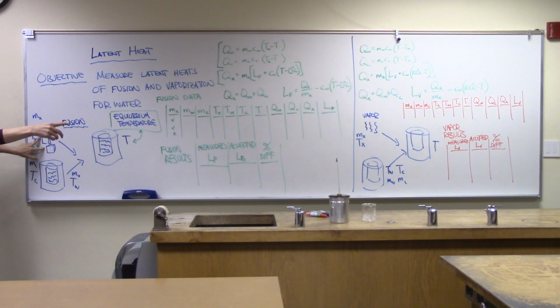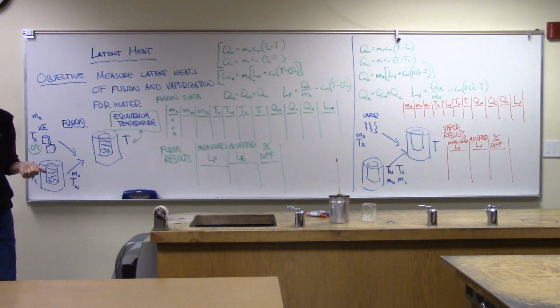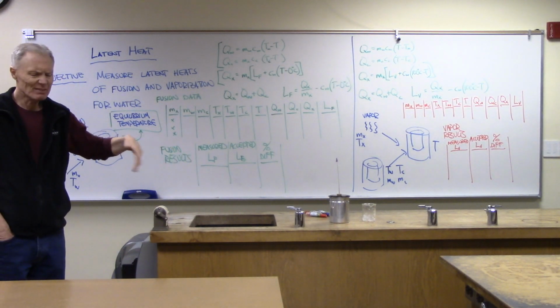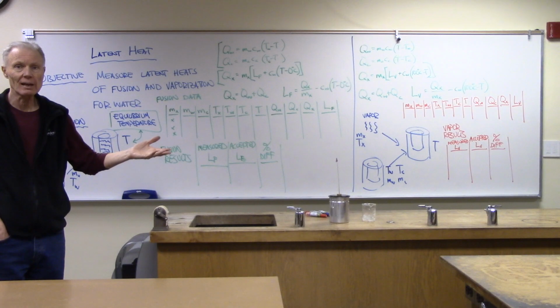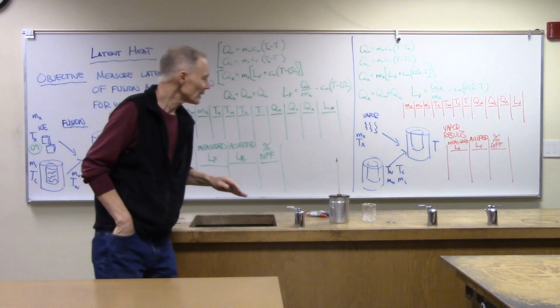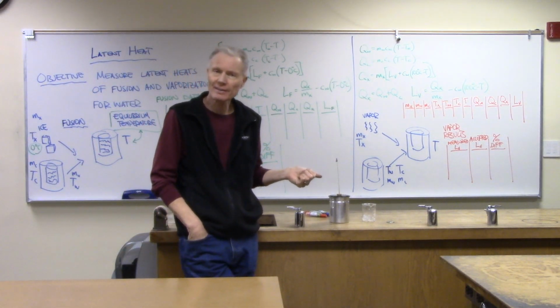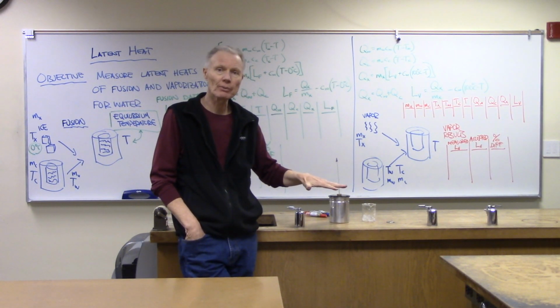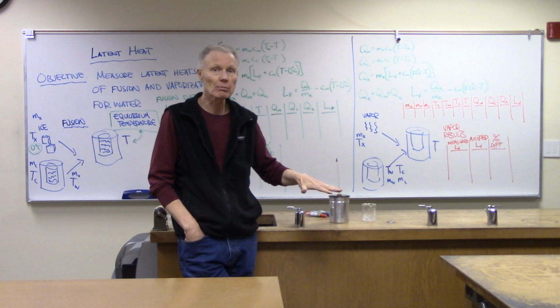Here are those little chunks of ice. It's going to have a certain mass to it. Now, I'm not going to try and measure the mass of the ice up front. That means the ice would just be melting on the scale. What I can do is put a few chips of ice in here until I get enough of a temperature drop that I can make some reliable measurements.